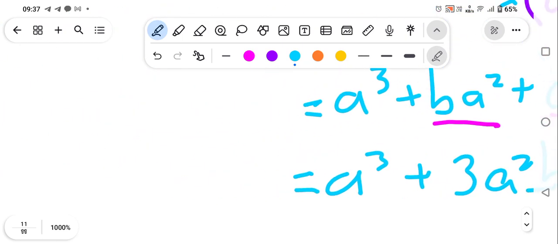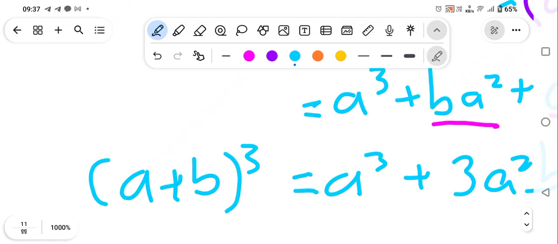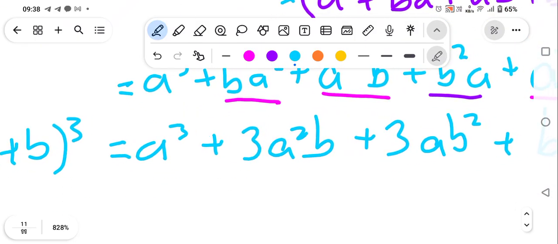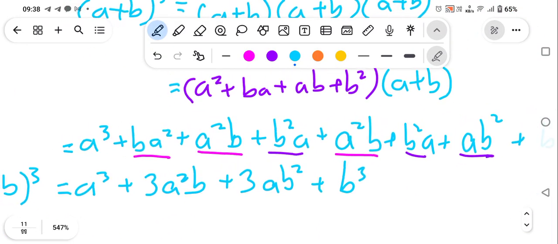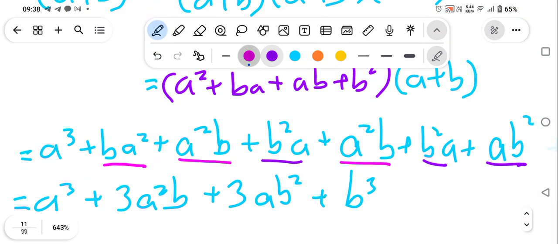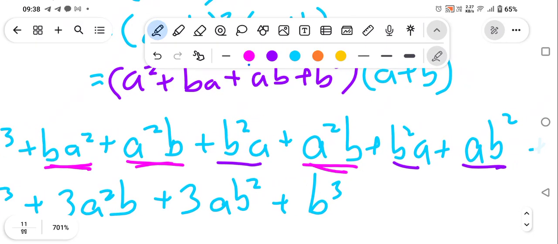So the first thing you might notice is why there are three multiples of b squared a, and there is 3a squared b over here.